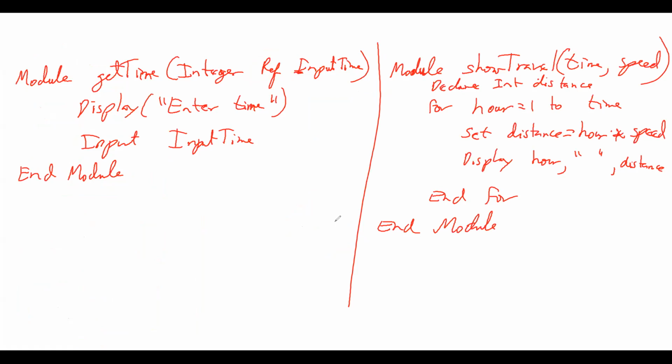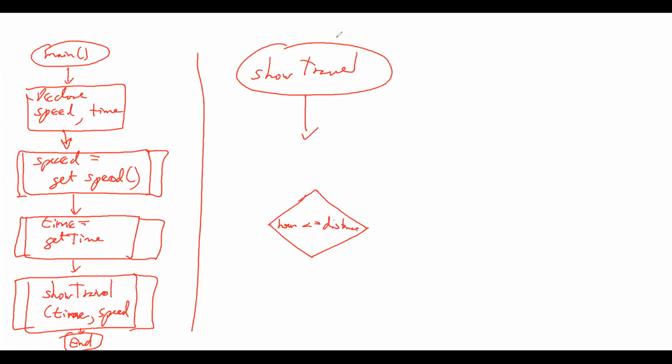In the for loop here, we set hour to time, not distance. That's wrong. Time, because you're going to enter the time that you traveled. So you have time here and you have speed.